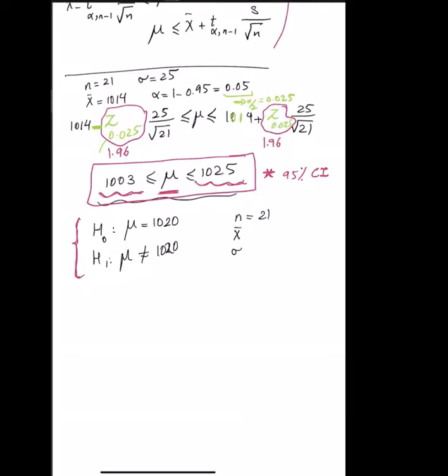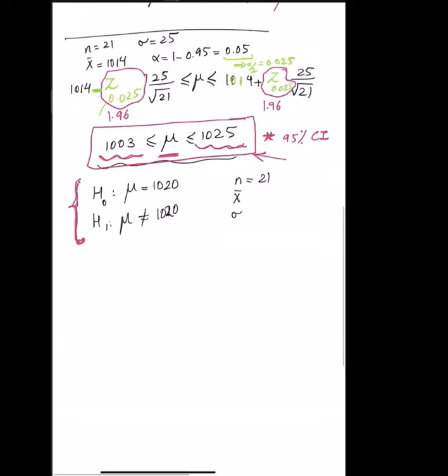That's what this confidence interval is telling you. Knowing that, how would you make a conclusion about this test of hypothesis? Are you going to reject H null, which says the average is actually 1020, or are you going to fail to reject?